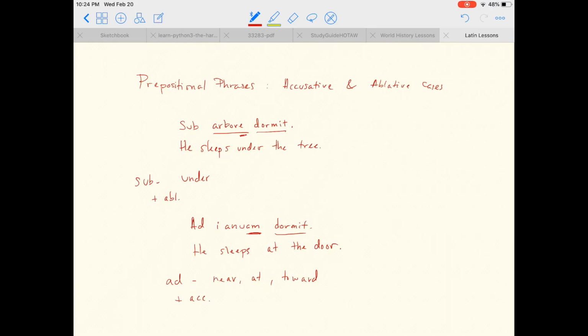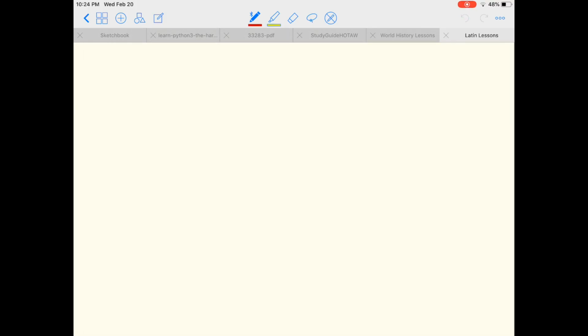But now a question arises about when you use each case, because again, some prepositions will be in the accusative case and some will be in the ablative case. And recalling our discussion in class today, the way that you tell is by the dictionary definition. So, for example, we used the example e or x.